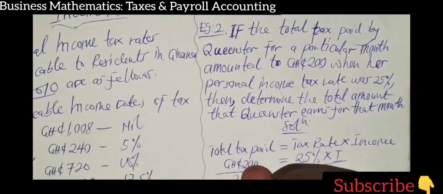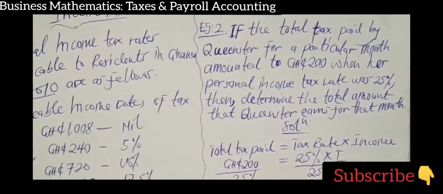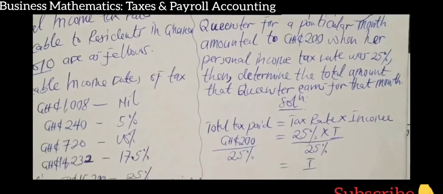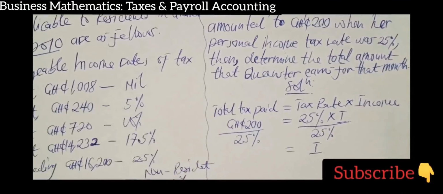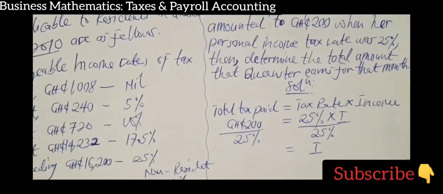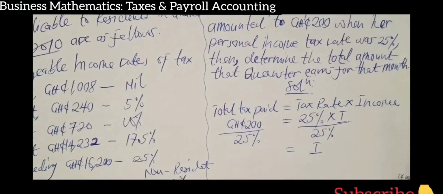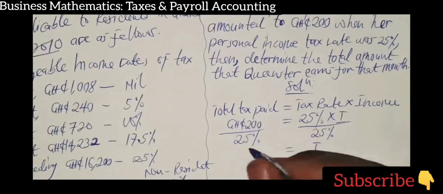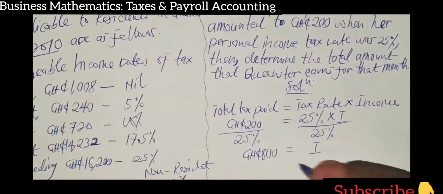So when I go to my calculator, I can therefore say that the income is my 200 divided by 25%, which fetches me 800 Ghana cedis.